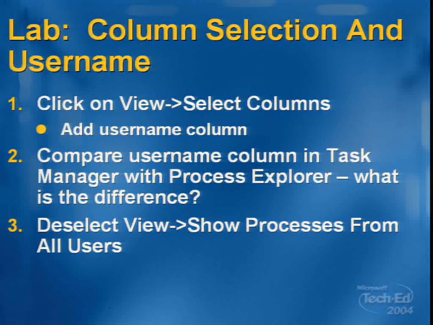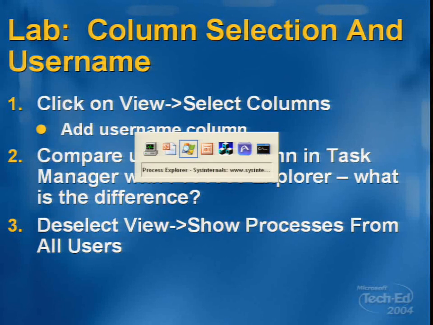Now what I'm showing you is I brought up Process Explorer in its default view. So what you see are the default columns that are available, but there's a slew of columns that you can optionally add if you're interested in seeing certain types of information about a process very easily right there in that front display. And I'm going to just demonstrate that by adding one particular column that might be useful.